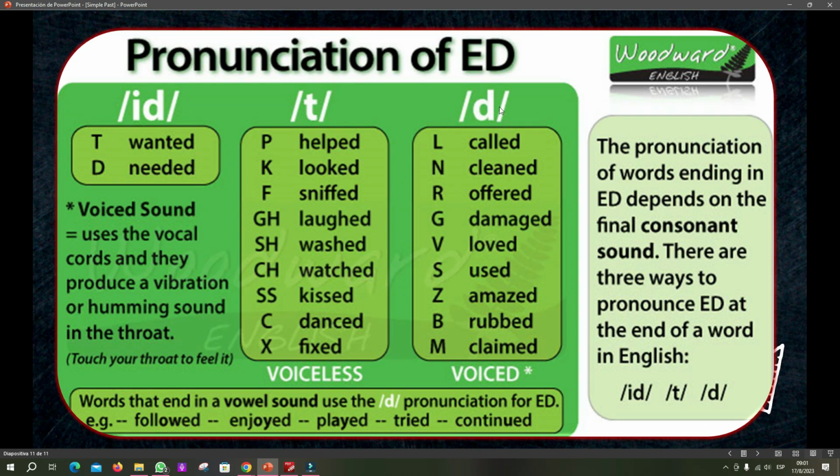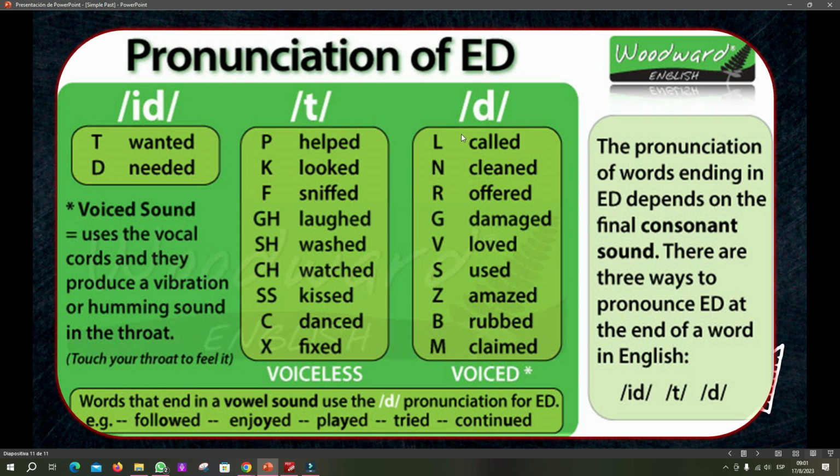Also, we have this sound, the D sound. When we have verbs like cold, L, cold, clean, cleaned, offered, damaged, loved, used, amazed, robbed, claimed, right?